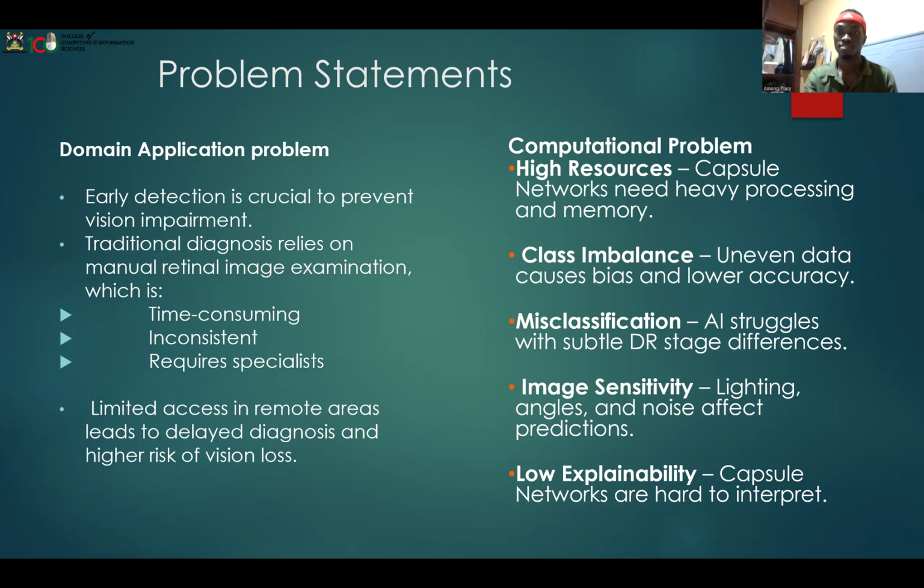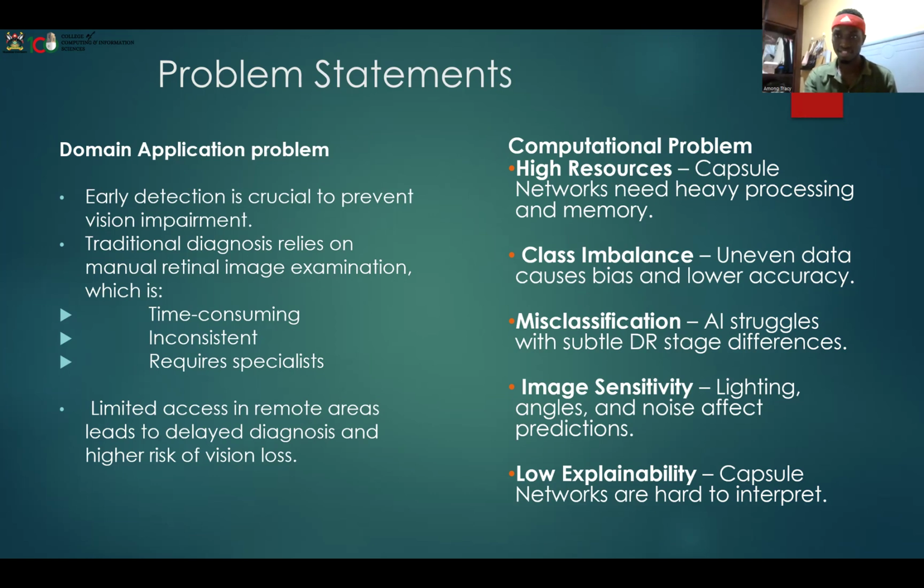Then the computational problems. These are the problems that we shall face as we are trying to tackle the domain application problem. One of them is the high resources. Since we are building capsule networks, it requires heavy computing space and memory, which is a computational problem. Then the class imbalance. Some classes, like the mild class, had a data imbalance, although we applied some different techniques to handle that, but the problem was class imbalancing.